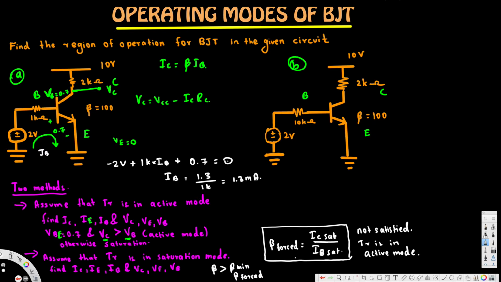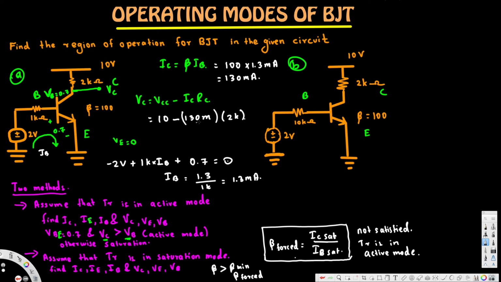Now beta is given as 100, so 100 times 1.3 milliampere. That's going to give us 130 milliampere. This is our IC current. Now after we find out the IC current, everything is easy because VCC is known as 10 volts minus IC, which is 130 milli multiplied by 2K.